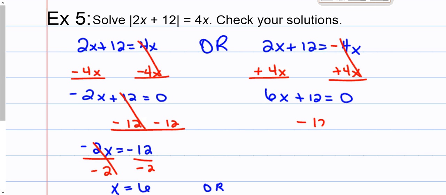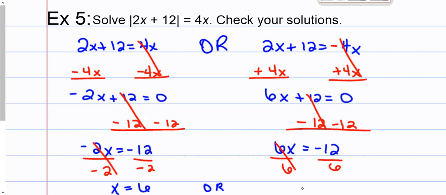Go ahead and subtract your 12 from both sides, just like before. The 12's cancel, and we have 6x is equal to negative 12. Go ahead and divide by 6 on both sides, and you get x equals negative 2.